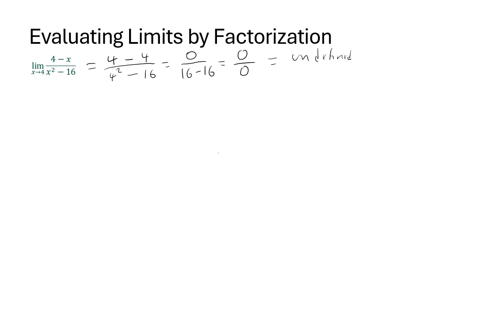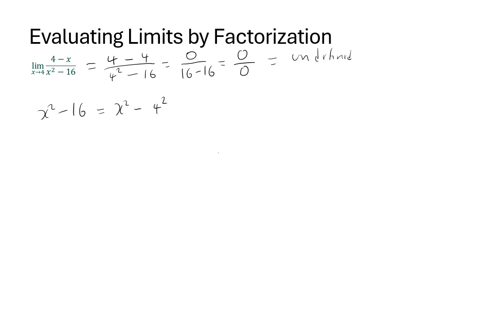So since the limit is undefined, we should use factorization to evaluate the limit in this case. So let's look at the denominator. The denominator is x squared minus 16, and we can factorize this. We should look at which number we should take the square of to get 16, and that number should be 4.